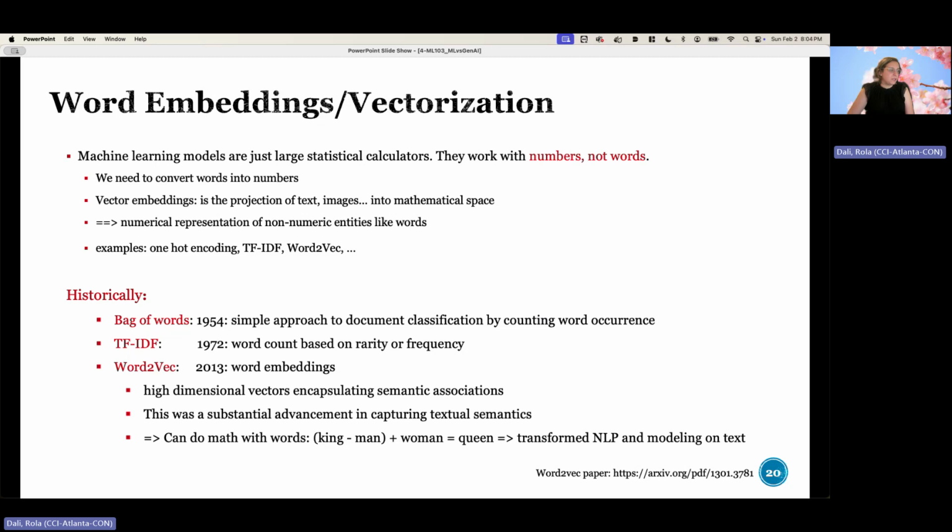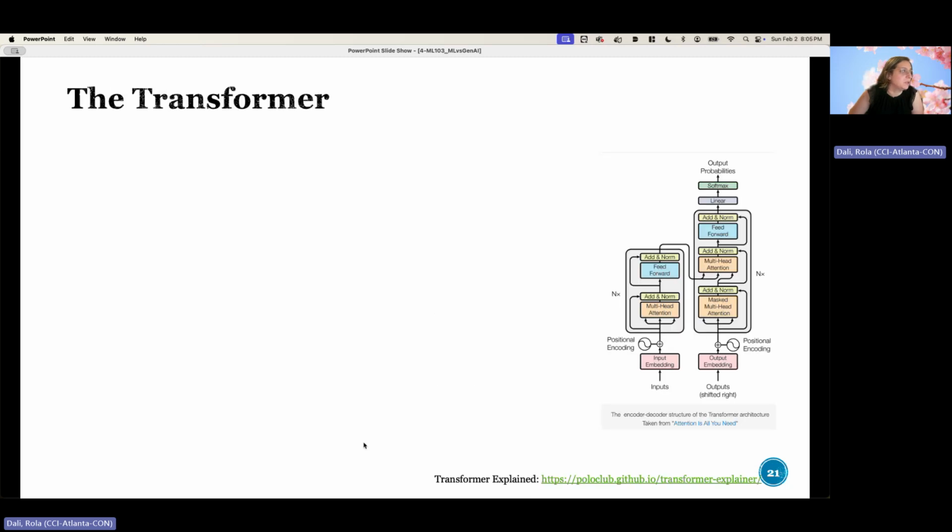It came up with these vector representations in high dimensional space. But then what they showed is that you can do math with words. If you said something like king minus man plus woman, the model would give you queen. And so this transformed NLP and modeling on text, because now we understand that we can do that projection really well. And that's the paper, and you can read a little bit more about it.